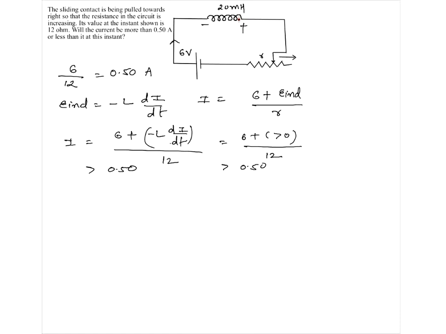Then if you use Ohm's law, 6 divided by 12 is 0.5 amperes. So 0.5 ampere current is what you will say if this were an absolutely straight wire. Right? But because it's coiled, because it's an inductor, it behaves differently from a straight wire.